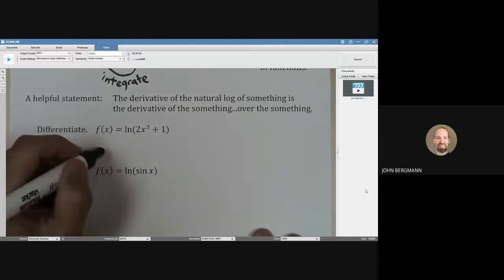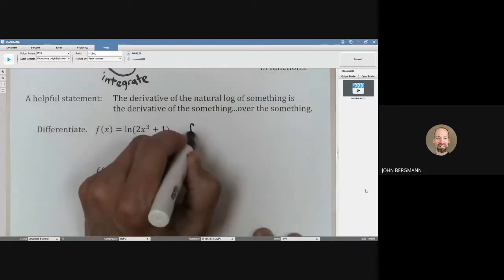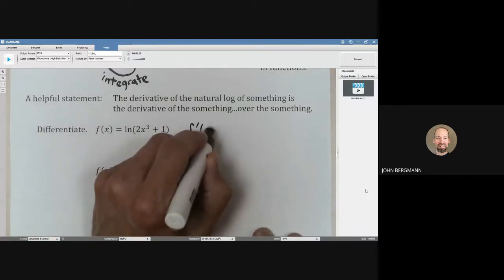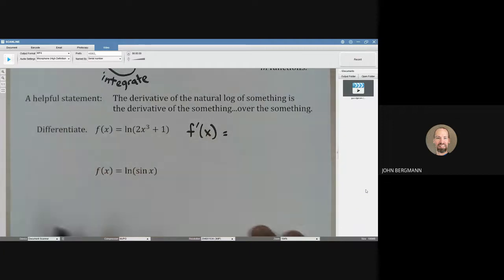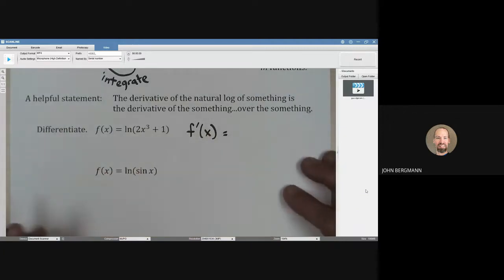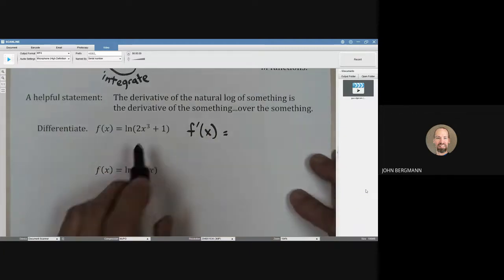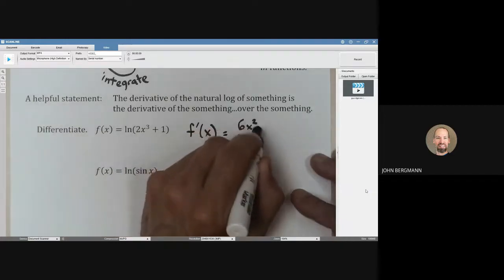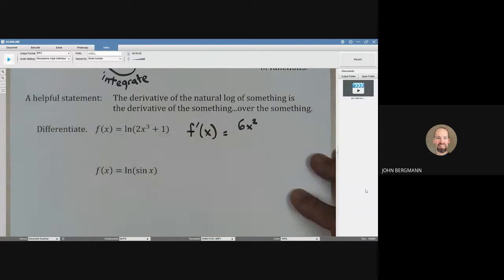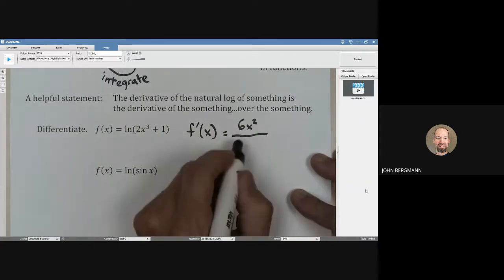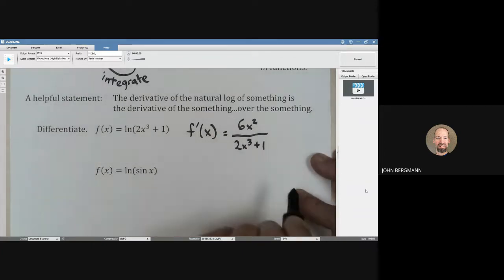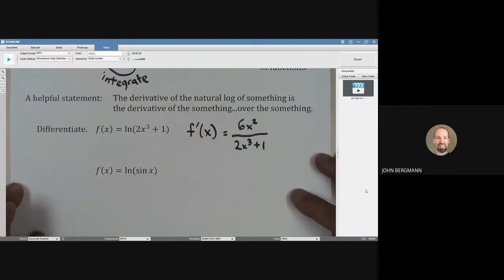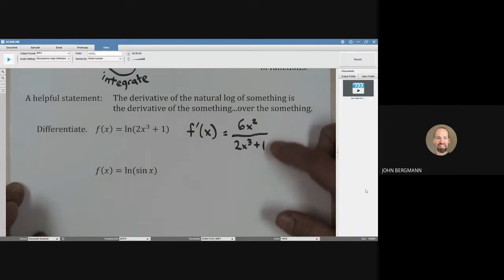So if we take the derivative of this, f prime x, the derivative of the natural log of something is the derivative of the something. So let's do that. Let's differentiate that. Wouldn't we get 6x squared? And that's it in the numerator. The derivative of the something over the something. Beautiful. The derivative of the natural log of something is the derivative of the something over the something.